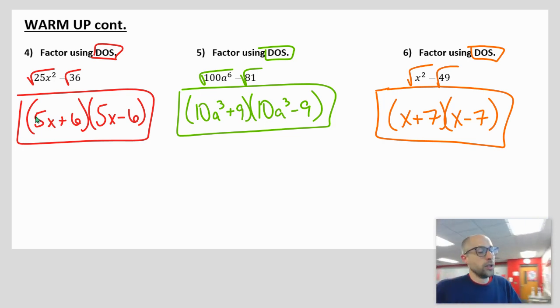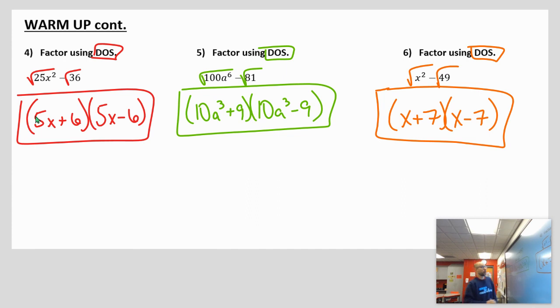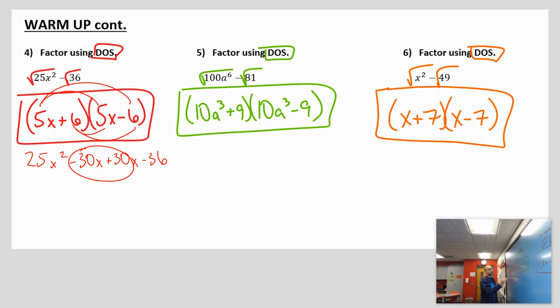For number 4, if you were to multiply this back together, we would have 25x squared minus 30x plus 30x minus 36. I'm just checking my work here. I combine these like terms, they cancel each other out, and that's what we started with up there.